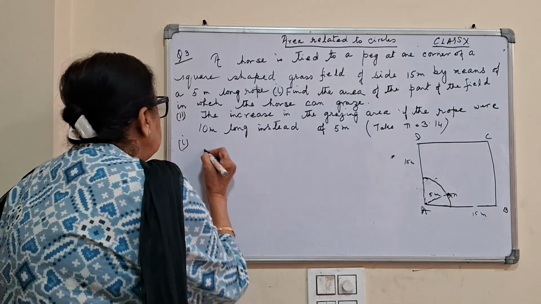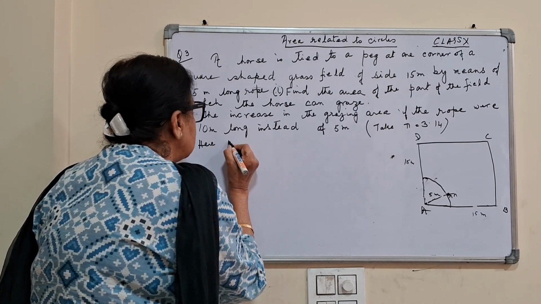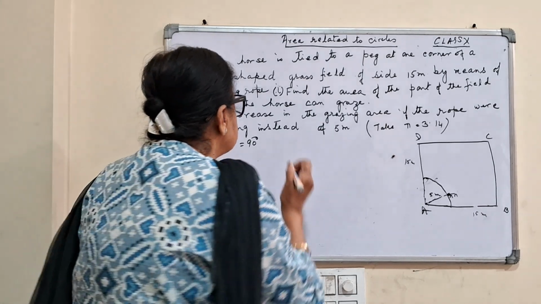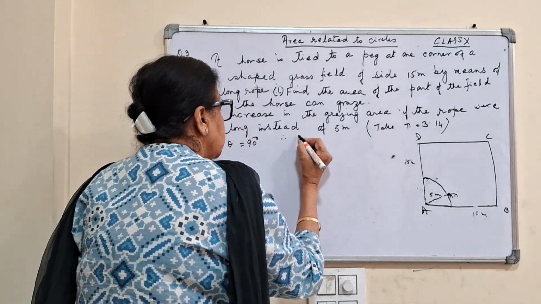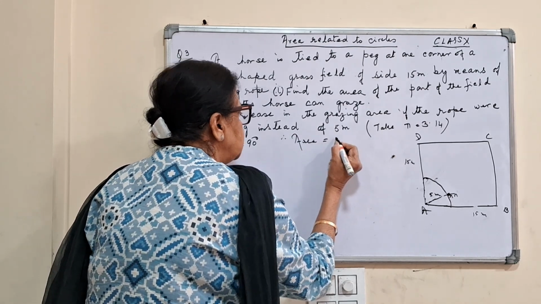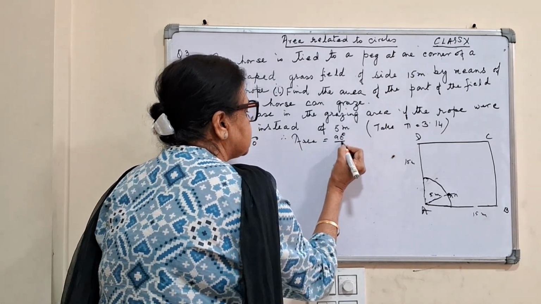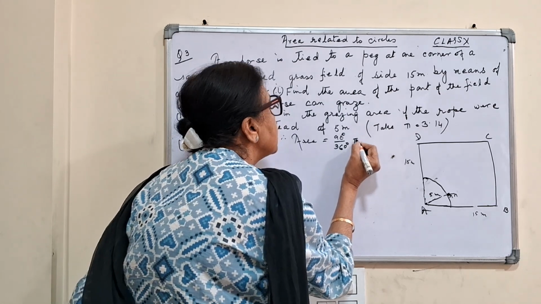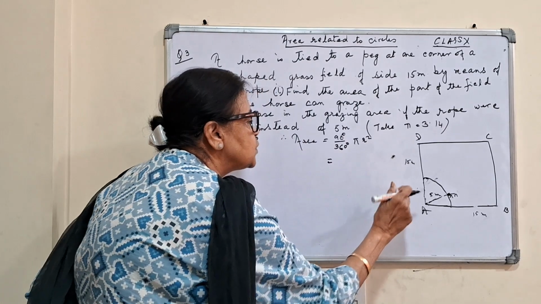Now, here theta is equal to 90 degree, since it is a square. So therefore, the area is equal to 90 degree divided by 360 into pi r square. What is your r? R is 5.